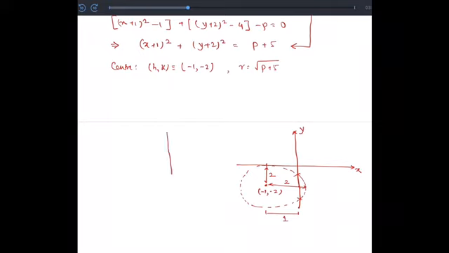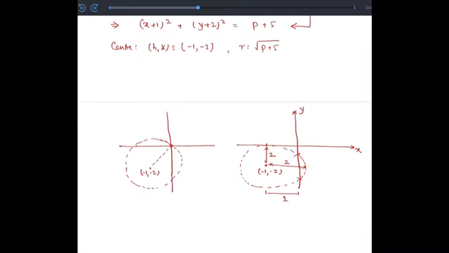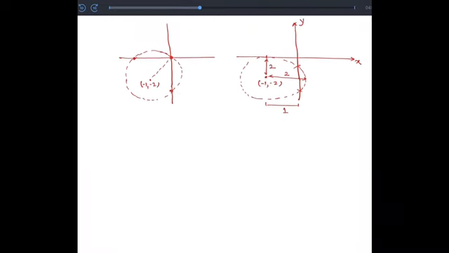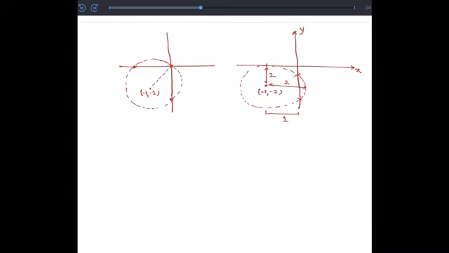Another possibility is that minus 1 comma minus 2 is the center, so 1, 2 and 3. Again we have exactly 3 common points. So these are the 2 possibilities.